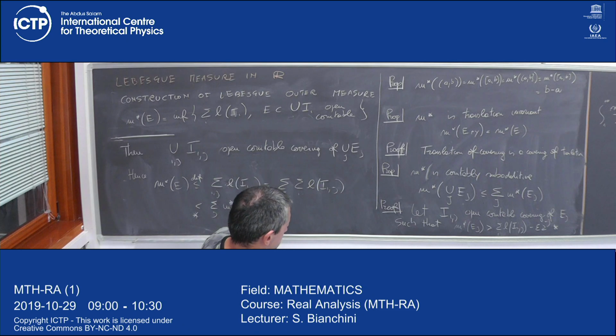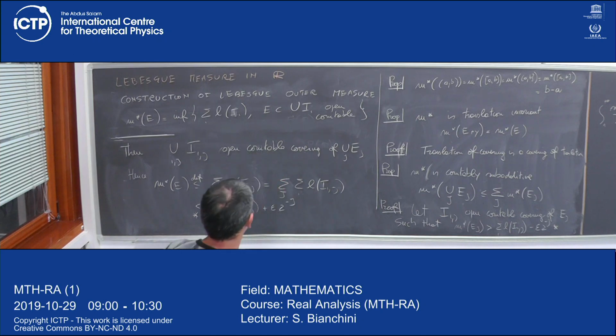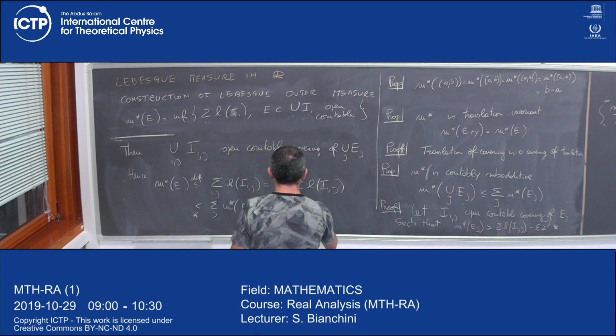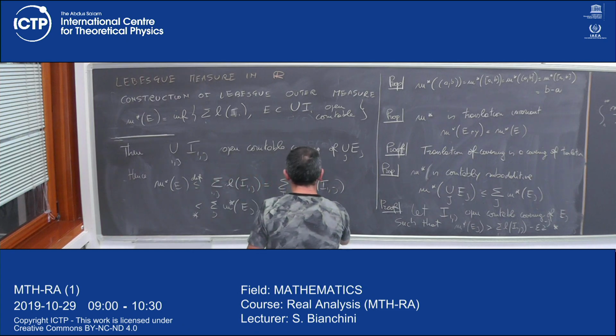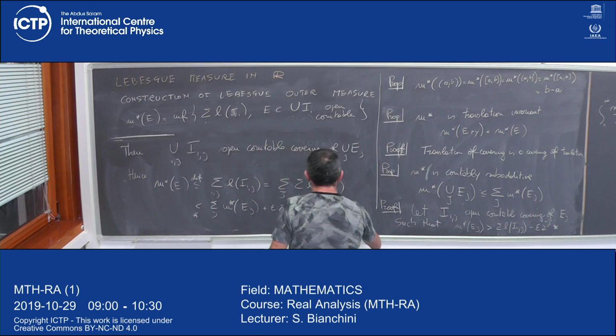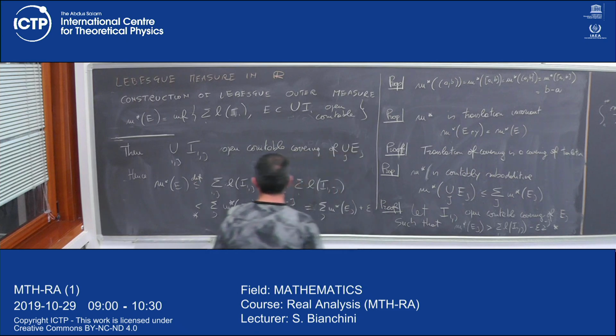Sorry, this is epsilon 2 to the minus j. And then this is equal to the sum of m star of E_j plus epsilon.